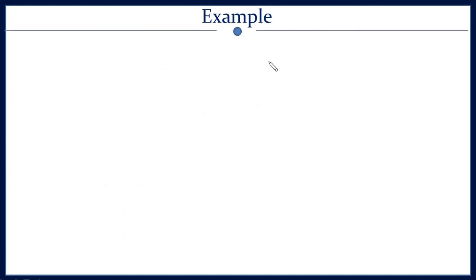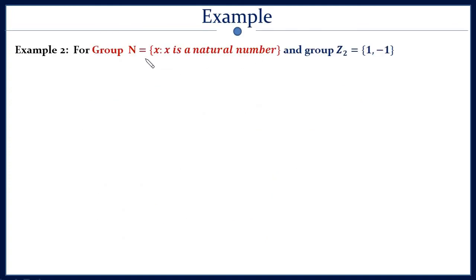Let's see another example. For the group N, here N is the group of natural numbers, that is 1, 2, 3, 4, 5, 6, 7, 8, 9, 10 and so on. What we have seen in the very first lecture is that the set of all natural numbers is a group under multiplication.